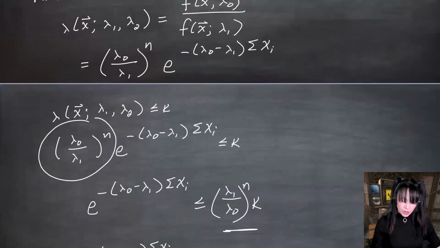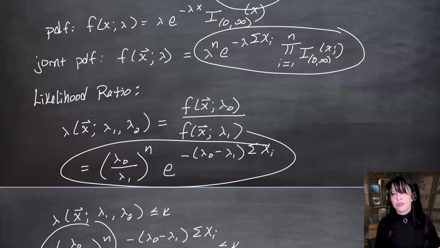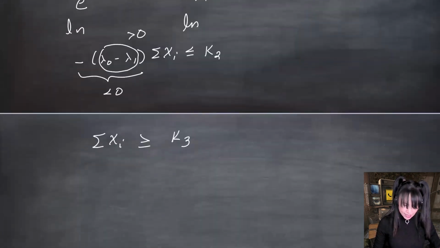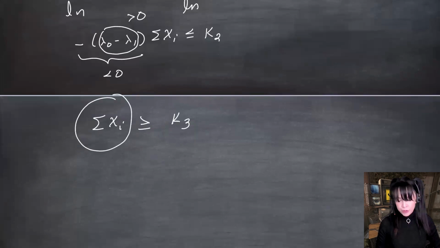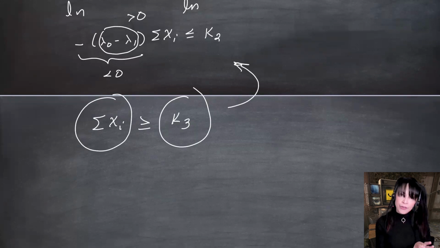And so the rejection region for this test should have the form: reject when this is less than or equal to k. But that is completely equivalent to rejecting when this is greater than or equal to a different constant that I'm calling k3. It's equivalent, and you don't need to keep track of the constants to work your way back up, because in the end, you're trying to give someone the rule to reject for when they get their data.